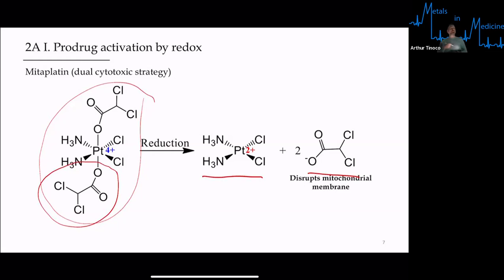As I mentioned two lectures ago, disrupting the mitochondrial membrane can trigger the release of cytochrome c, which is quite effective at triggering apoptosis. So now you're exploiting the ligand and also the cisplatin to have a more pronounced cytotoxic effect.